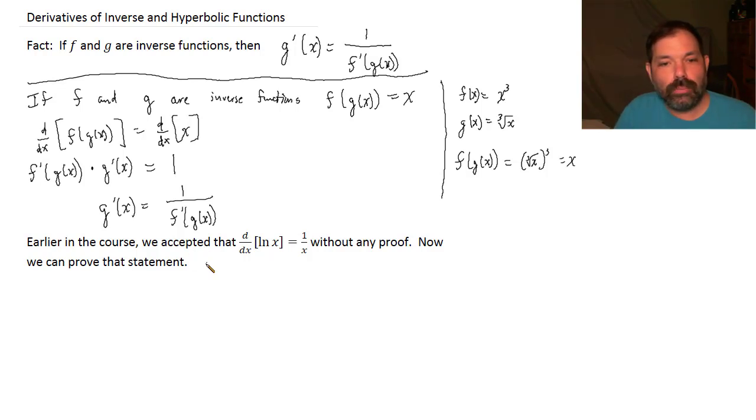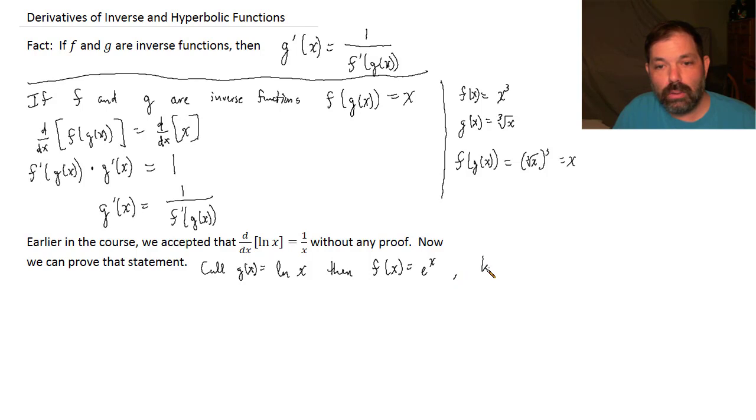Let's call g of x equal to natural log x, because that's what we're trying to find the derivative of. The inverse of natural log x, as you learned in algebra, is e to the x, so let f of x be e to the x.